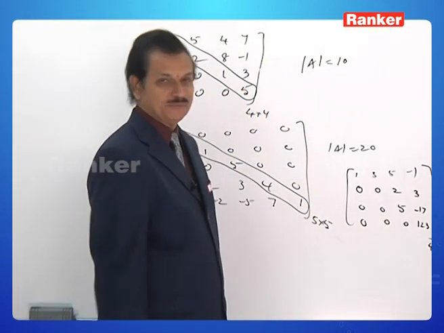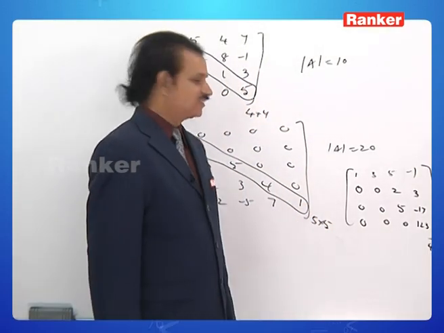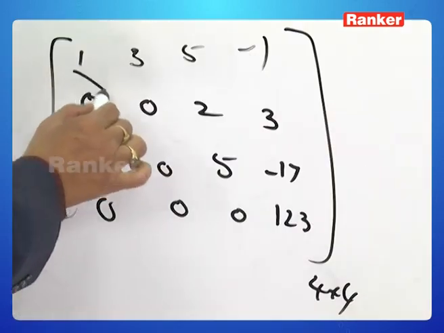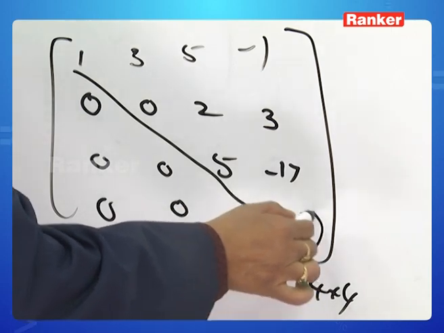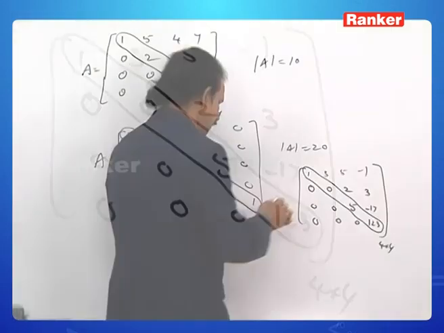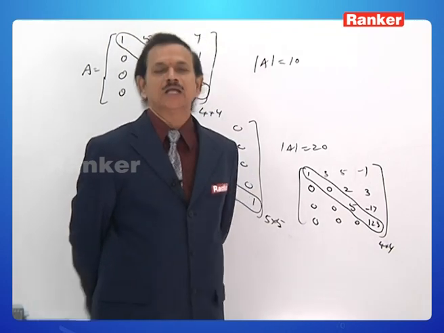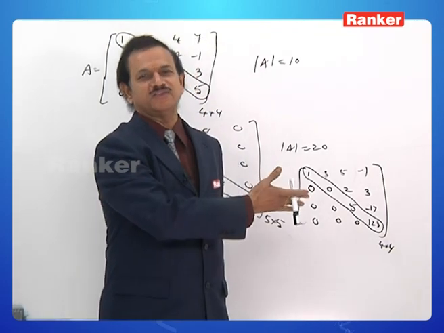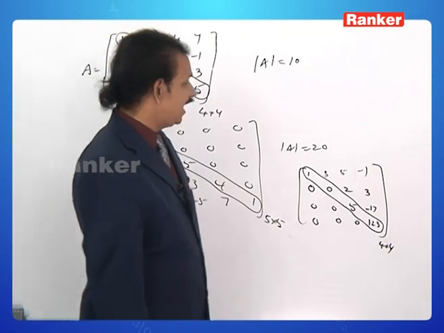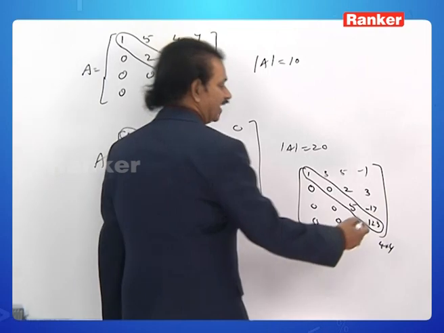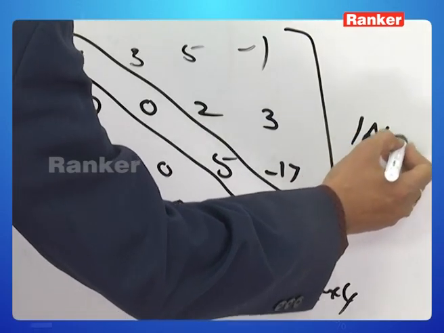What is its determinant? You see, that is surely upper triangular. The luckiest thing here is, this is the diagonal, and those are the diagonal elements. The determinant is just the product of the diagonal elements, and one of the diagonal elements is 0. Hence, here det A is equal to 0.